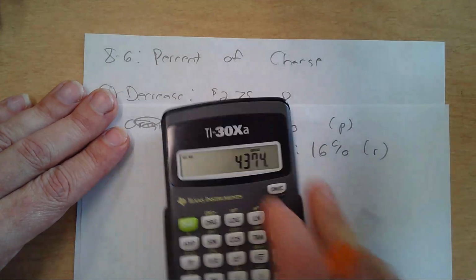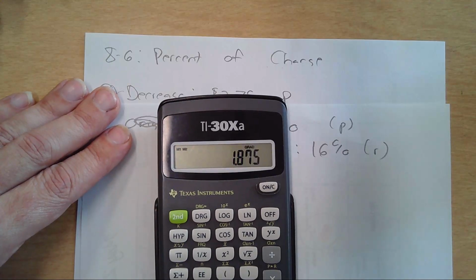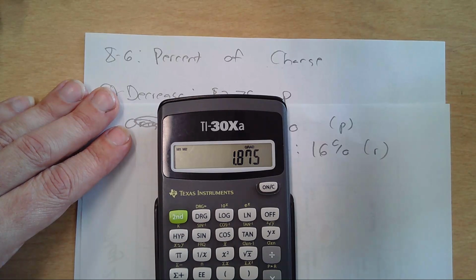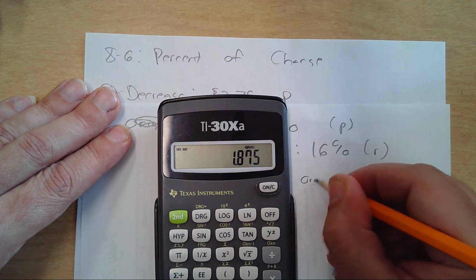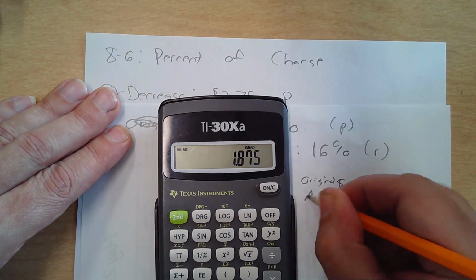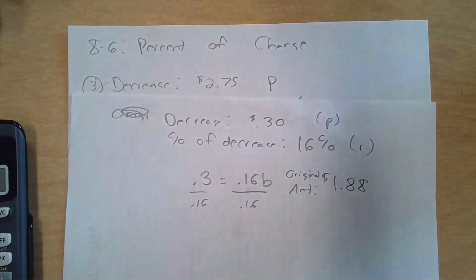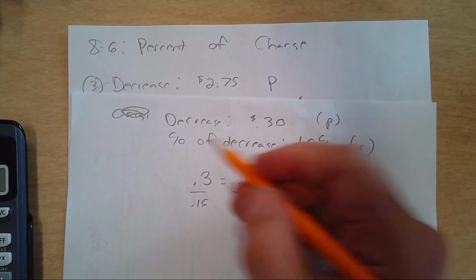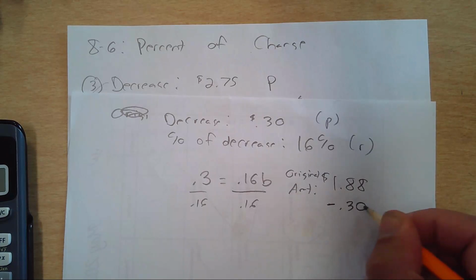So my 30 cents divided by 0.16 would be $1.88 if I round it to the nearest penny. That is my original amount. It's $1.88 there. So then to figure out my new price, well, decrease of 30 cents. Decrease means subtract that 30 cents.